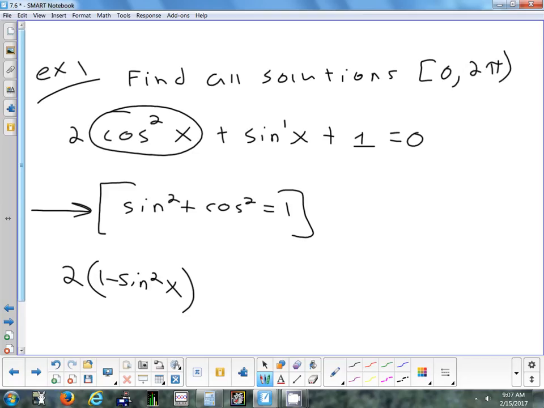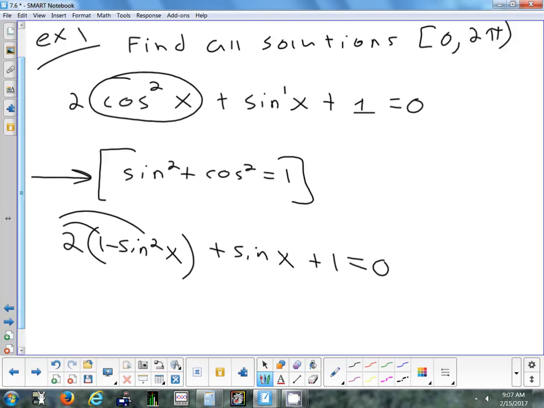Now, my first term has the sine function. My second term has the sine function. And now it's a quadratic equation. I've got to do a little bit of distributive property and simplify some things. But the point is, you've got sine in both spots now. Any questions on that?